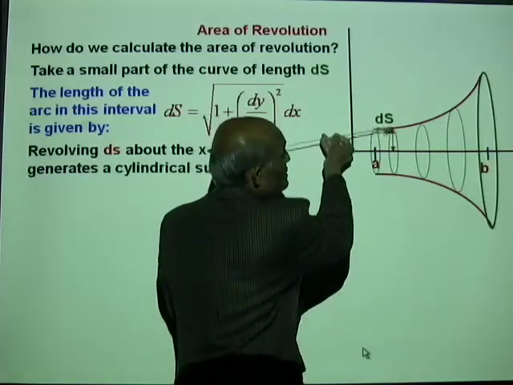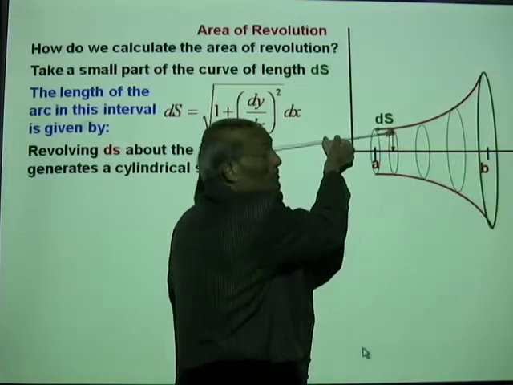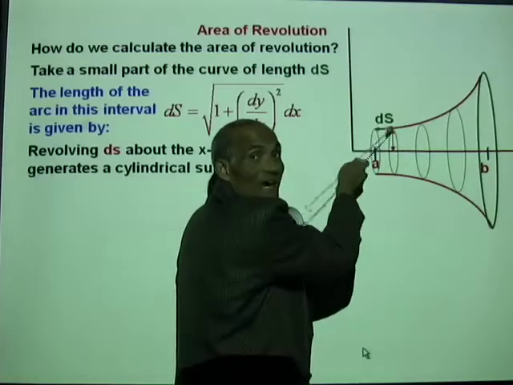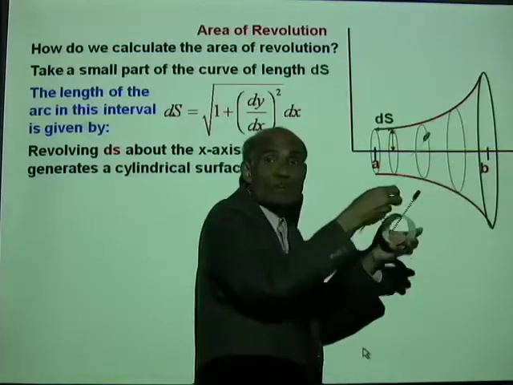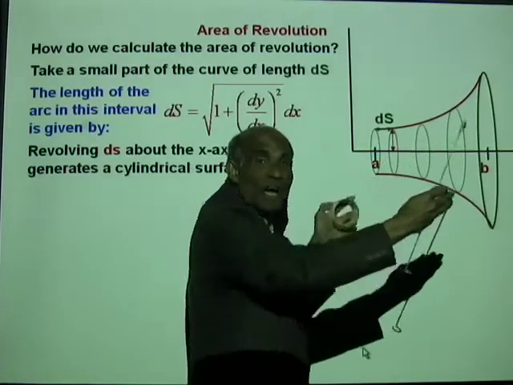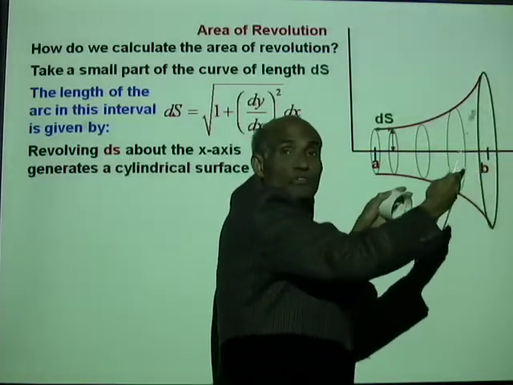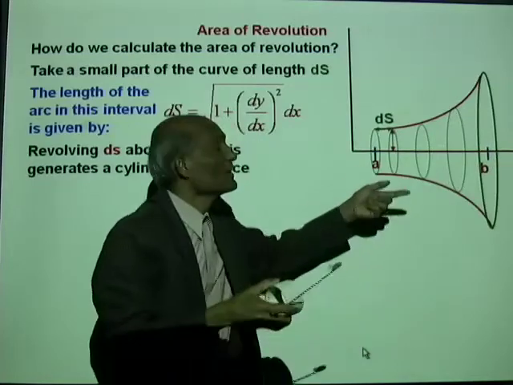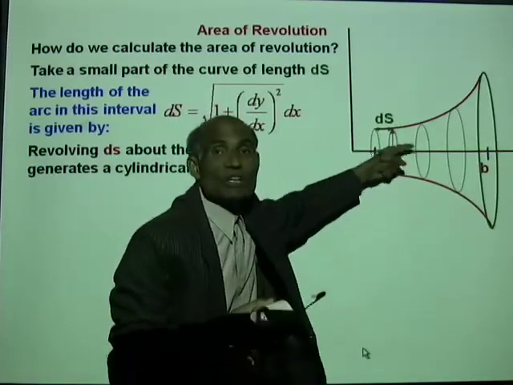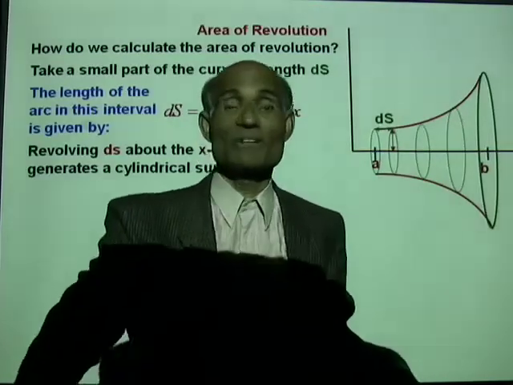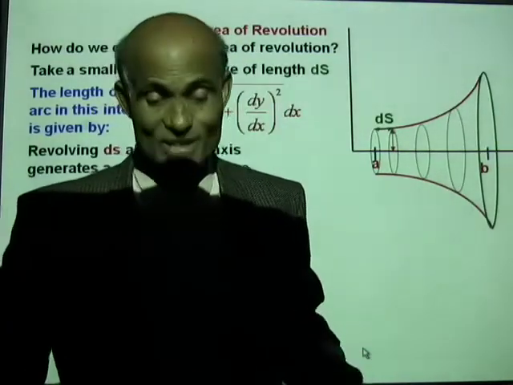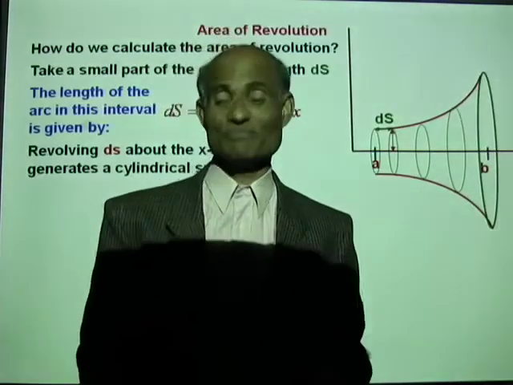Now, that is created by revolving this ds, and there are hundreds of such ds you can revolve, generating cylindrical surfaces. Add all those surface areas, you will get the complete area generated by revolving this curve. And that's the method. Adding all those areas means integrate.